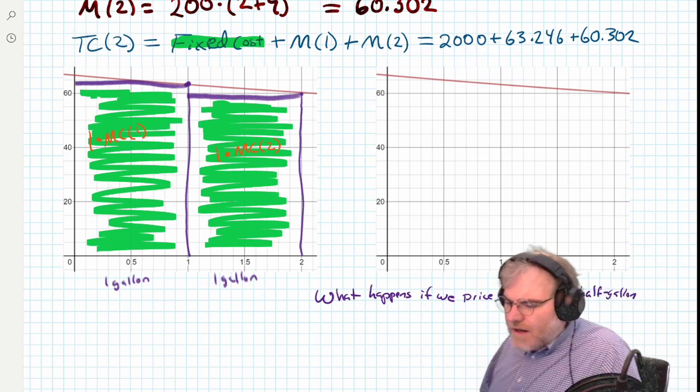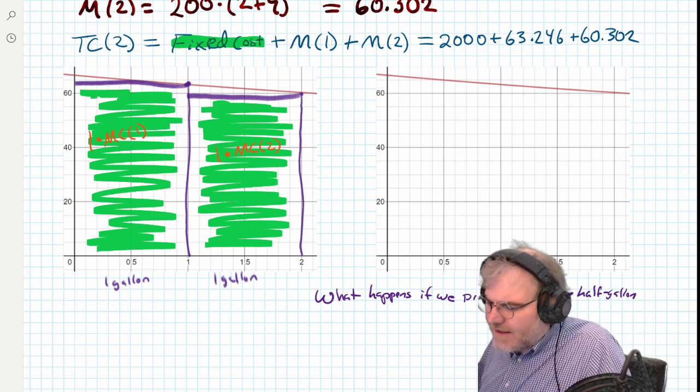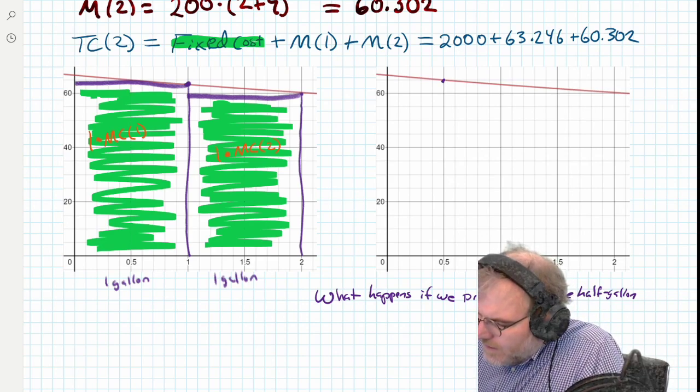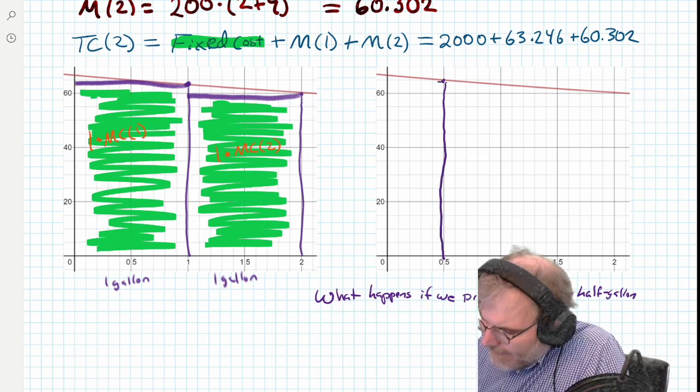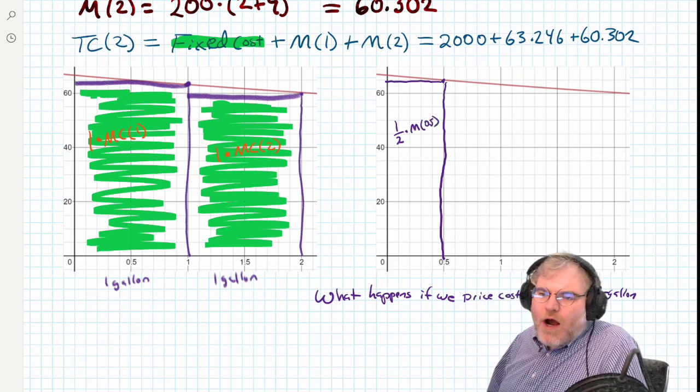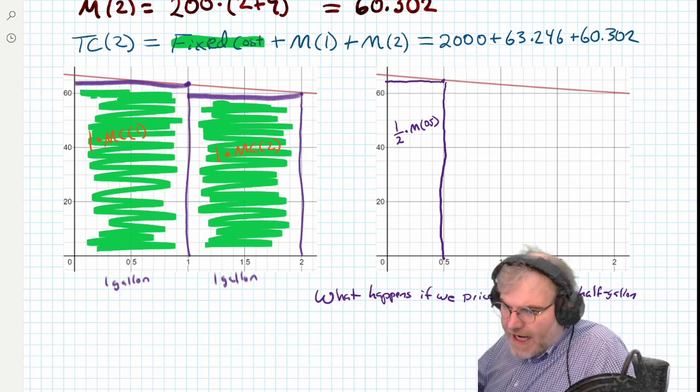Okay, well, what's the cost of producing the first half gallon of gasoline? It's M of 0.5 times 1/2. Because marginal cost is in terms of gallons, 1 gallon.